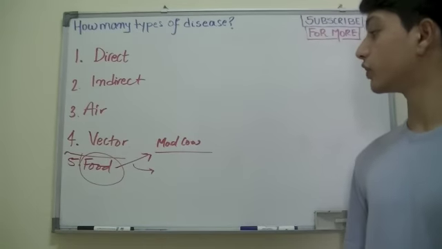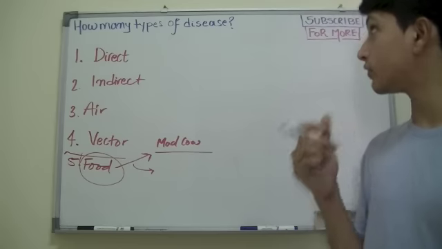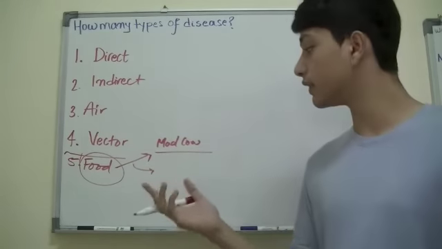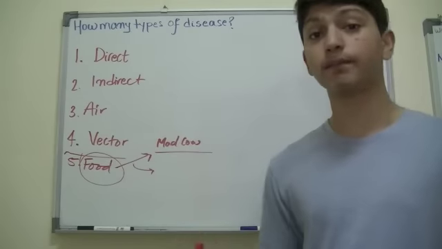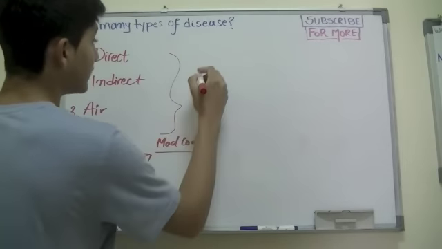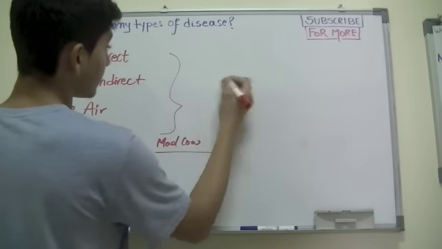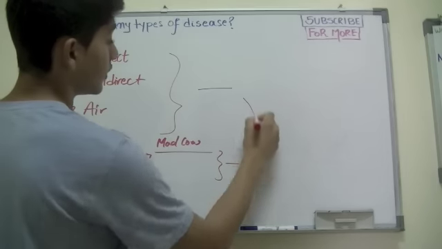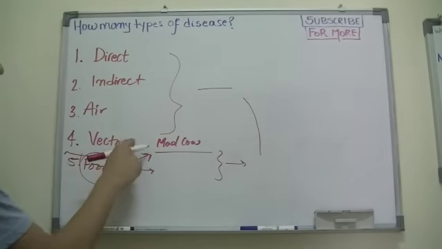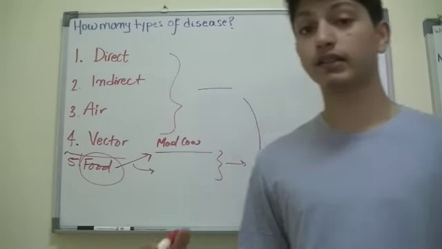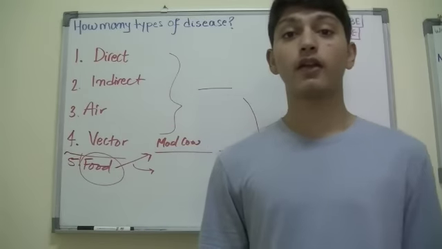So food diseases are dangerous, and whenever this happens, it happens quickly. The other procedures take some time to get inside your body, while the food diseases are already inside. Thanks for watching.